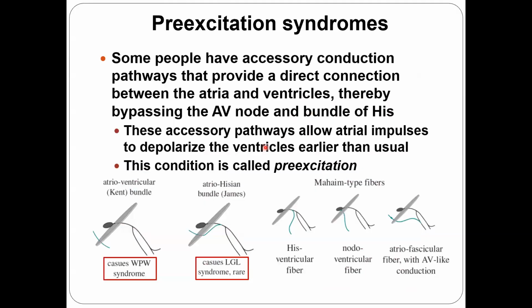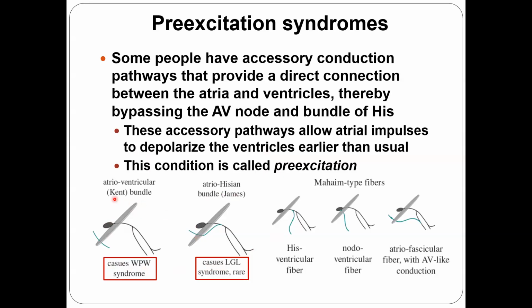Now, let's see something about the pre-excitation syndrome. The pre-excitation syndrome means that we have a faster activation. Okay, we have only one place where the conduction slows down, and that's the AV node. So we have accessory pathways that bypass the AV node, and that can be a lot of things, but we have only two types, the WPW syndrome or LGL.